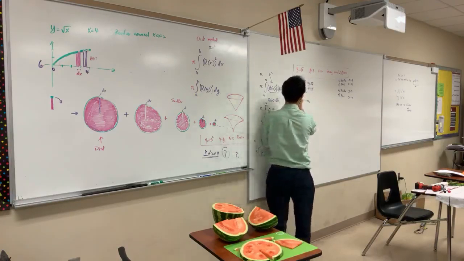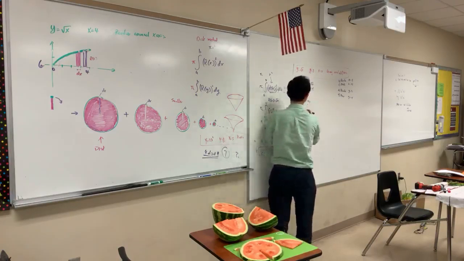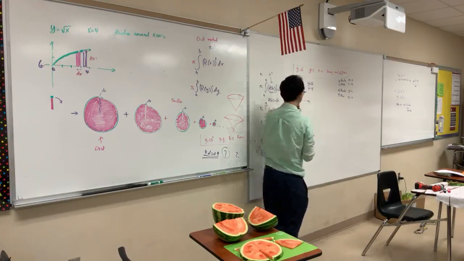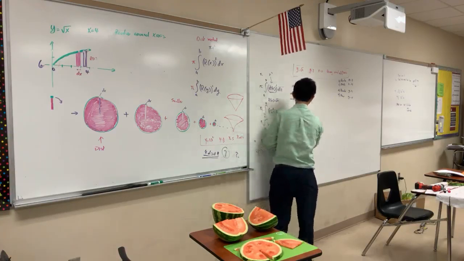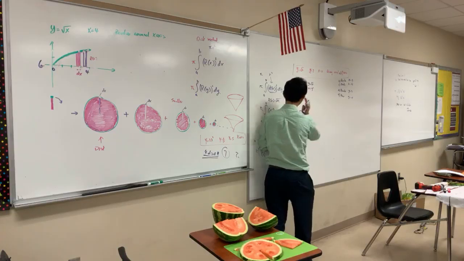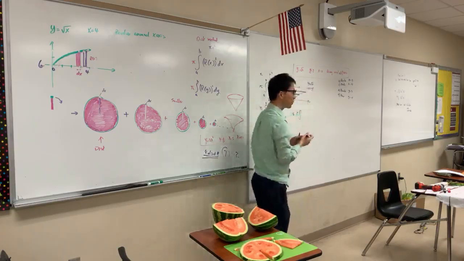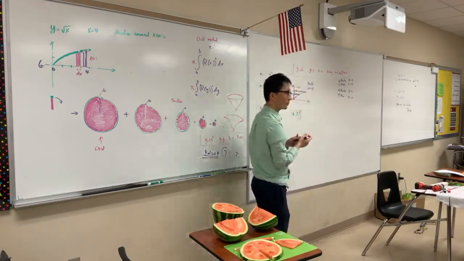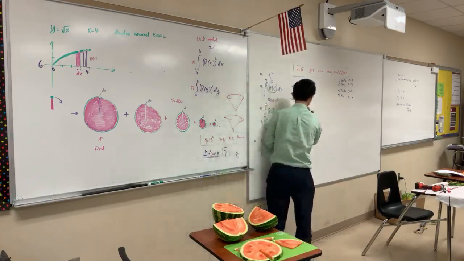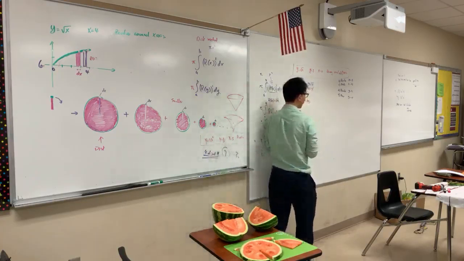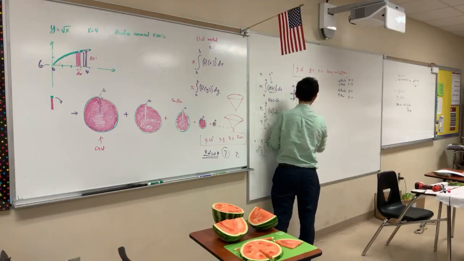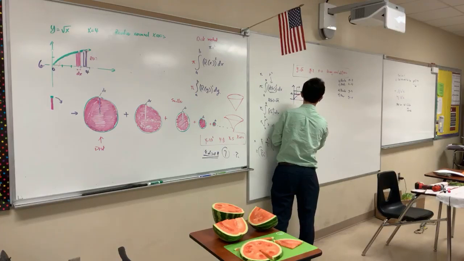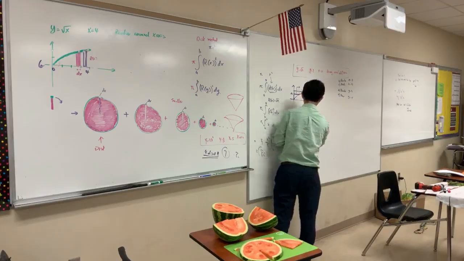Yeah, so now this is going to be y squared, integration of pi, don't forget that, write that down first. Which boundary am I using? 0 to 2. Got it? And then I'm going to go from 0 to 2, with this distance here, so it'll be y squared, squared dy.